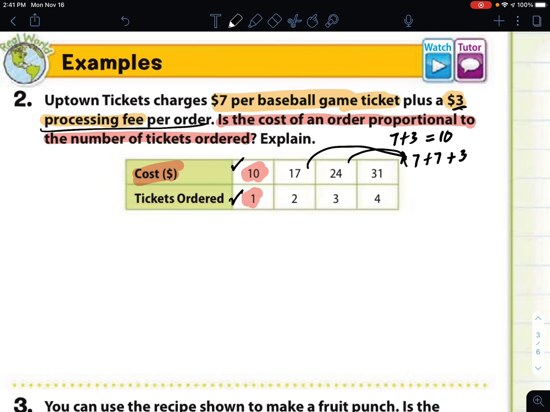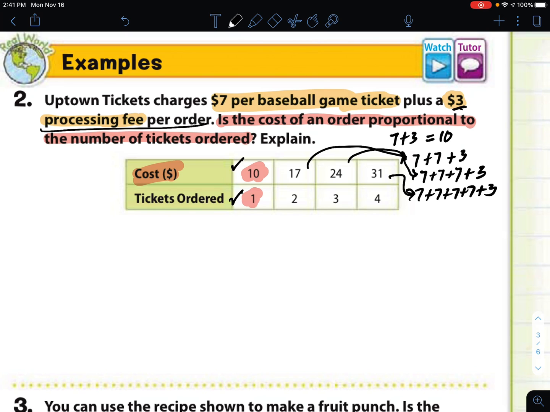Same thing with 24. You have three tickets now, 7 plus 7 plus 7, then add the processing fee, which gives you 24. And the same thing happens if you buy 4 tickets. 4 tickets is 7 plus 7 plus 7 plus 7, add the processing fee, will give you 31.